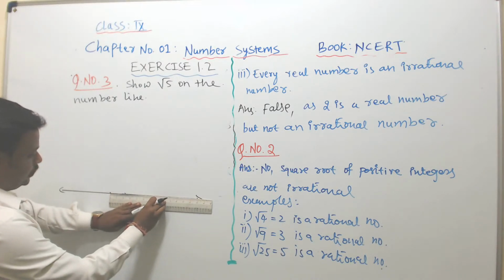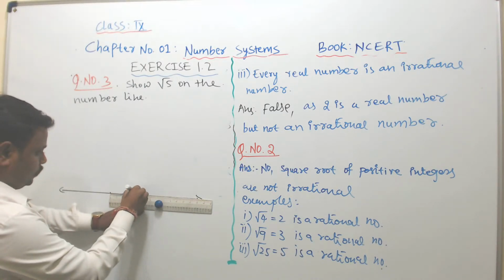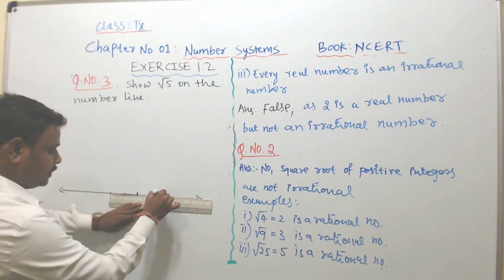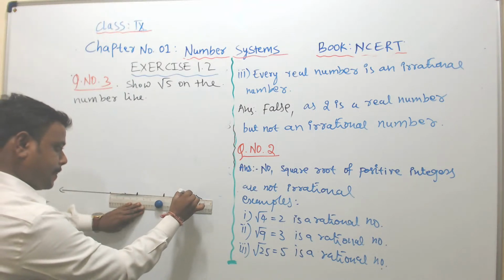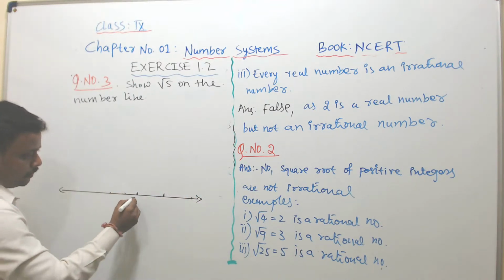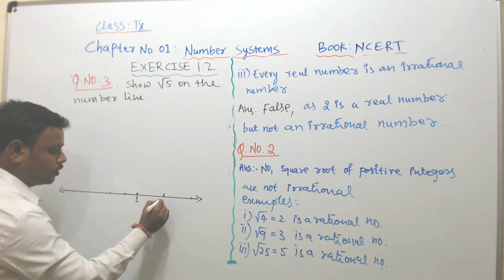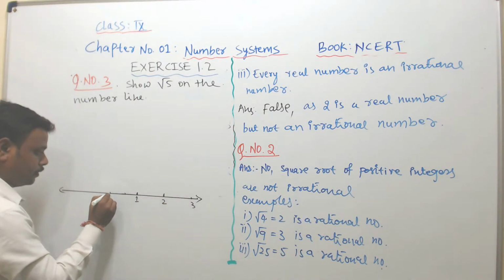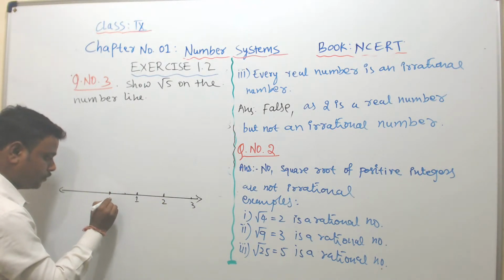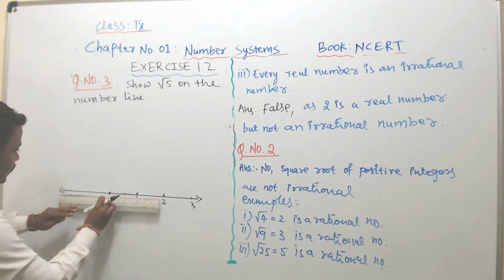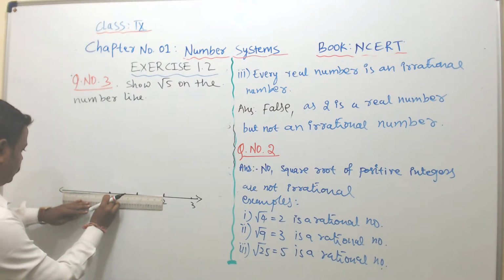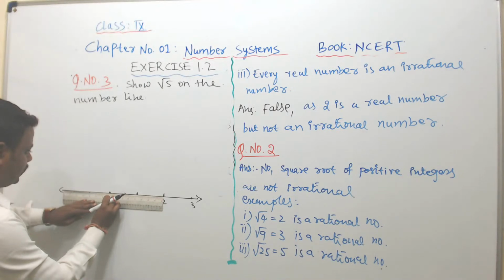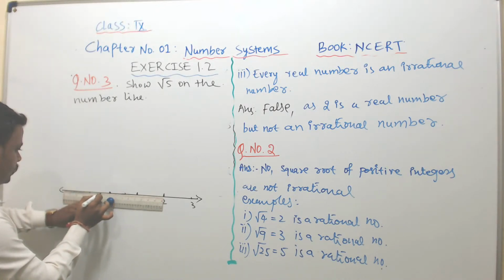First we have to consider 0, and 2 centimeters is equal to 1 unit. Already I said that. 1, 2, 3. So this is 0, and negative also you can consider, but it is not necessary for the negative values; just consider 1.